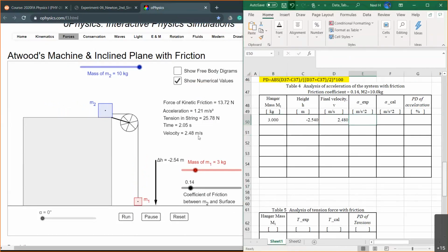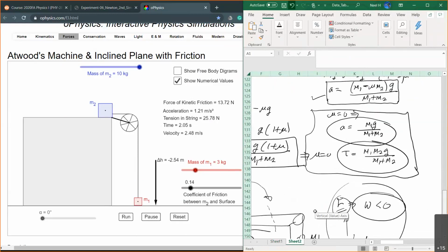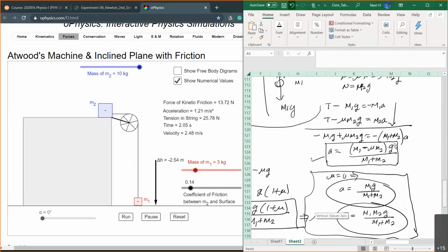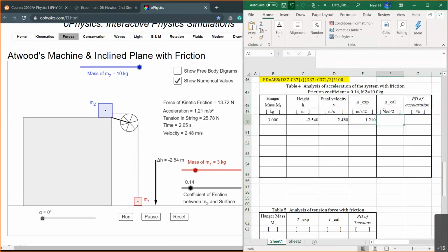The experimental acceleration, I'm going to record this value directly, 1.21, but the calculated one I have to do using this equation. I have a new formula for acceleration: M1 minus mu M2 times g, divided by M1 plus M2.